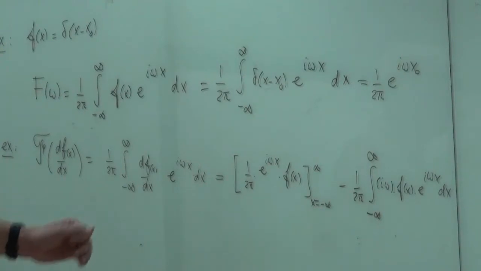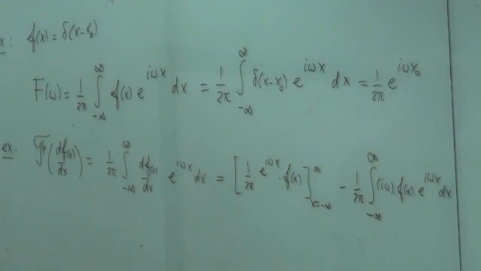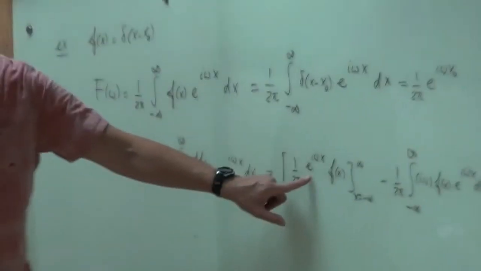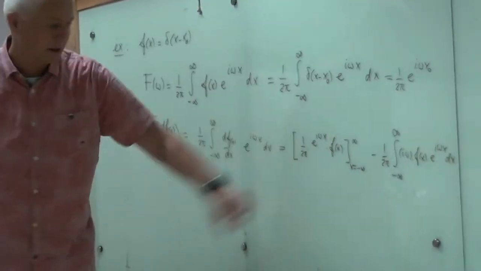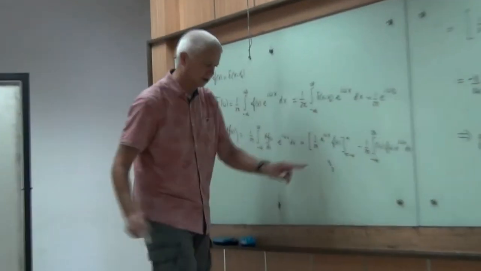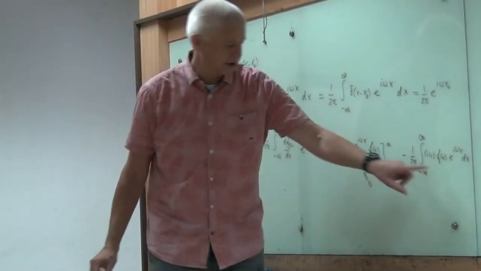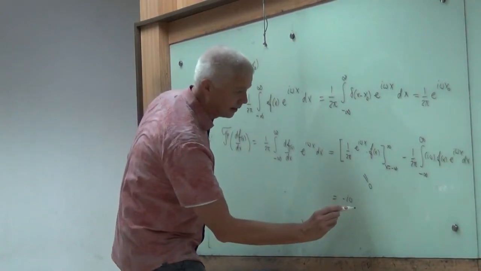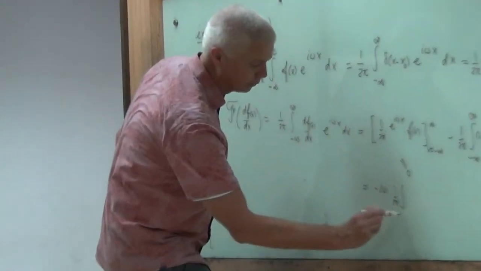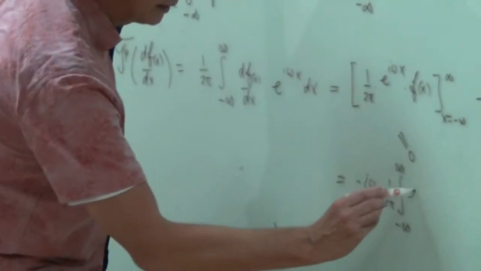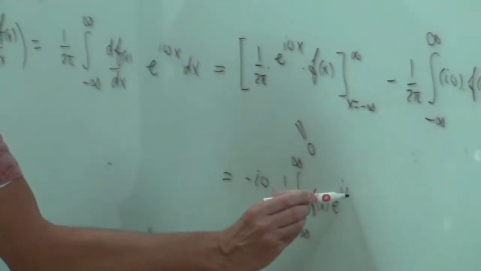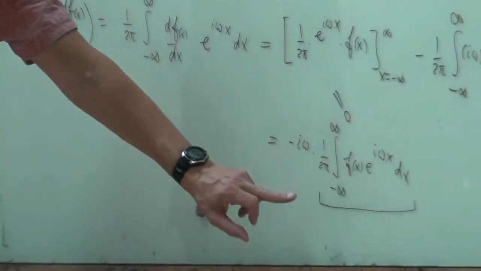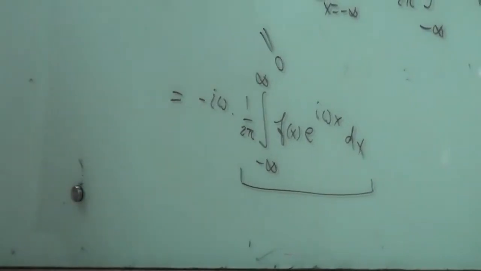At infinity, I always assume that f and all of its derivatives are 0. There is no energy at infinity. So that means that the upper and lower bound here will always give me 0. This is a bounded function, at infinity it is always 0. So this term will give me 0, and then I'm left with this integral, and that's equal to minus i omega times 1 over 2 pi, integral from minus infinity to plus infinity, f(x) e to the power i omega x dx, and if I'm careful, then here I have the Fourier transform of f.